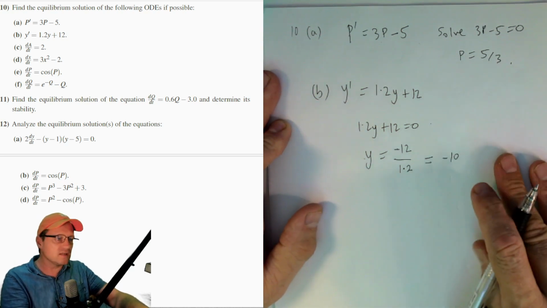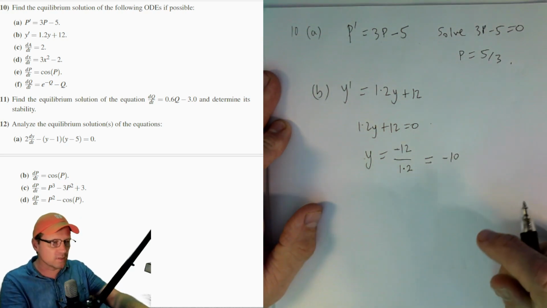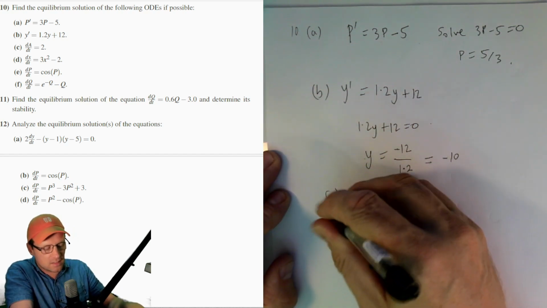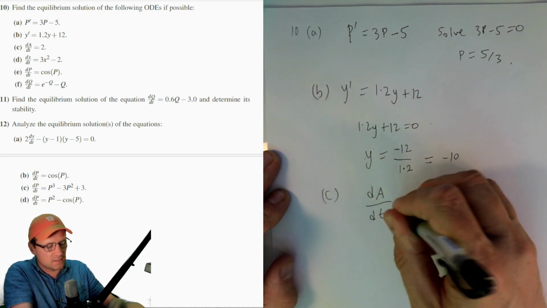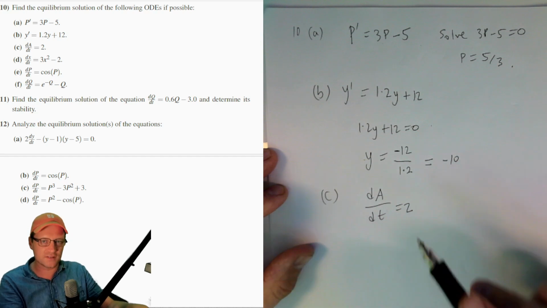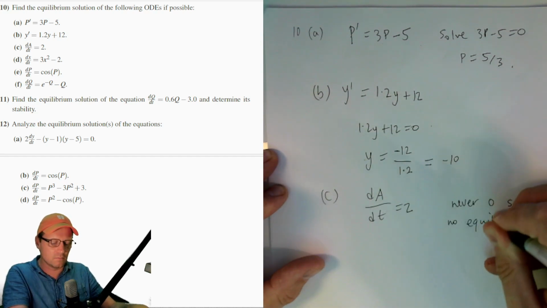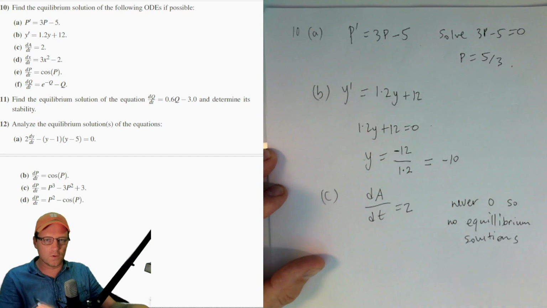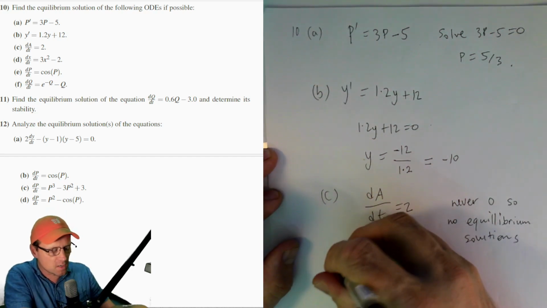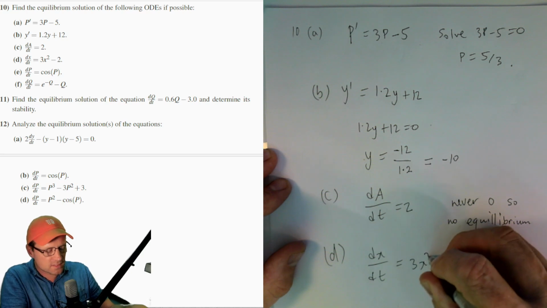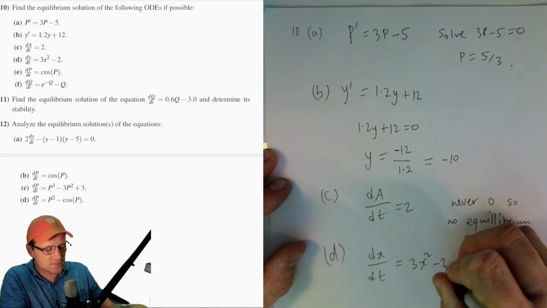Again, it doesn't have any t's in there, so it's an equilibrium solution to that differential equation. Okay, part C, dA on dt is 2. Okay, this has no equilibrium solutions because this is never 0. So no equilibrium solutions. Okay, part D, dx on dt is 3x squared minus 2.